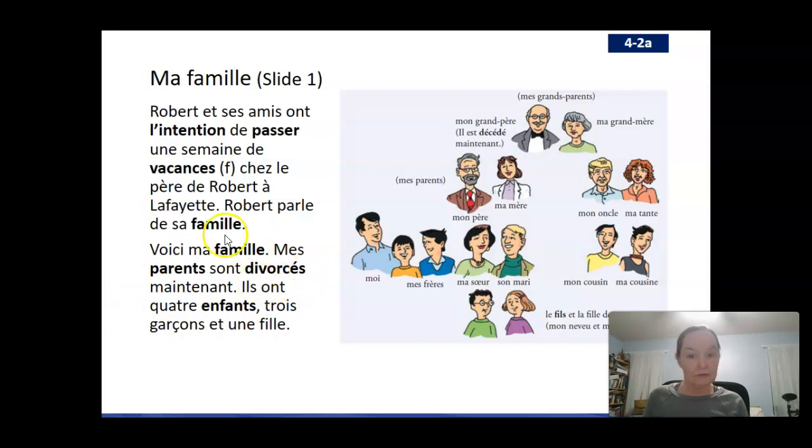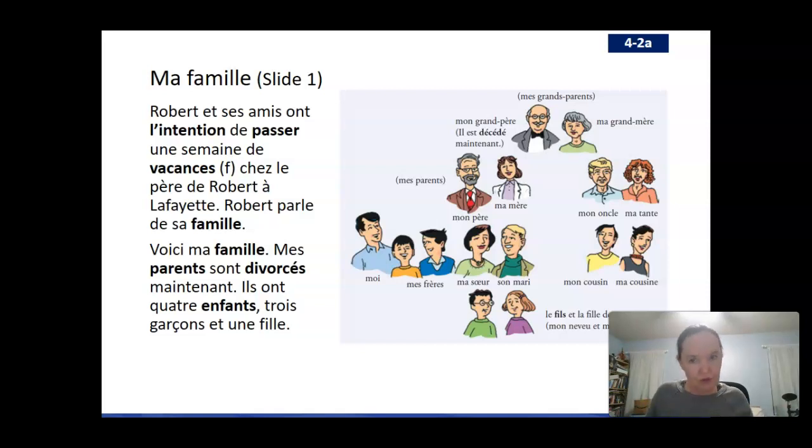Okay, so family, and we know he's talking about his parents. His parents are divorced. And then enfant looks a lot like infant in English, but you might remember it means children. So we know we're talking about his family, his parents, maybe they're divorced, and we're talking about children in the family.